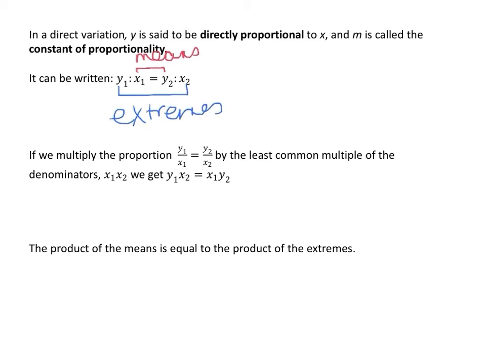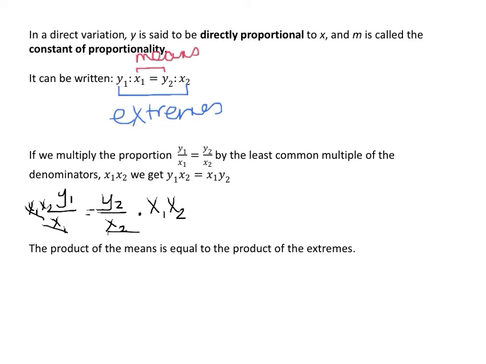What we can then do is look at it like these two ratios, or we can write it as a proportion. And we're familiar with least common multiples with denominators. If you look at the least common multiple of these denominators, it's x1, x2. So if you multiply each one of those fractions by the common denominator, what happens?